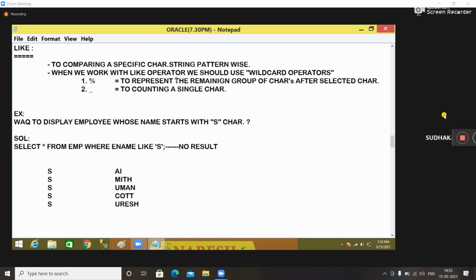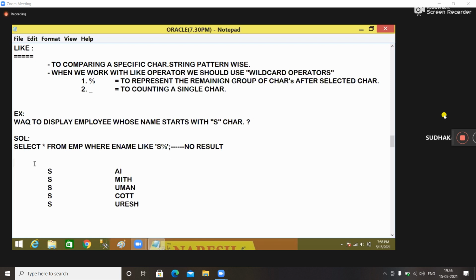That's why when I write a single LIKE 'S', no result is shown, because S represents only S. But what about AI, MITH, UMAN, COTT, URESH? I want to represent this group of characters, so for this purpose I use percentage. So S, and I give a compulsory percentage.